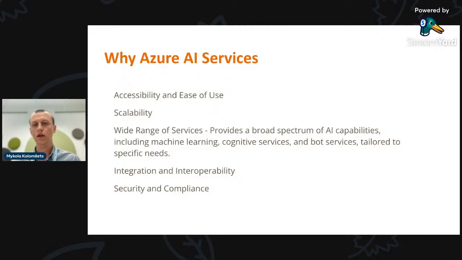And next in the list, and last in the list, but not the least in importance, is security and compliance. Today, security is a big challenge, because you can see that big companies are hacked, and there are a lot of data breaches.